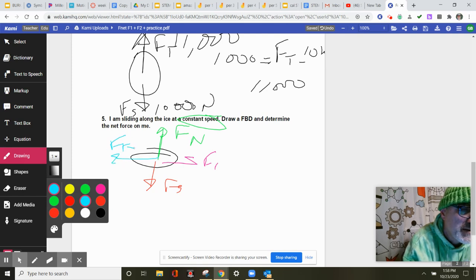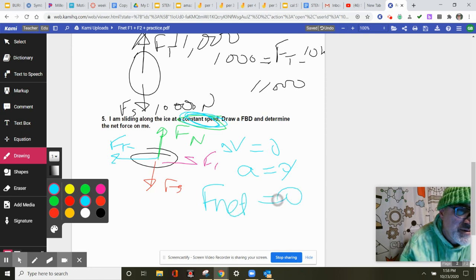Well, everything's balanced because constant speed. So if the speed is constant, right, that means the change in the speed is 0, which means the acceleration is 0, which means the net force is 0. If I'm sliding along at a constant speed, there's no net force.